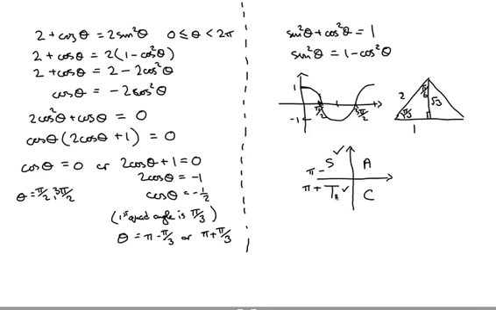So second and third quadrants, 3 lots of pi upon 3 minus 1 lot of pi upon 3 is 2 lots of pi upon 3. 3 lots of pi upon 3 plus 1 lot of pi upon 3 is 4 lots of pi upon 3. Now if you're unsure of that, one of my previous videos goes into this in greater detail. So there's 1, 2, 3, 4 solutions in this range, and we're allowed all of them.